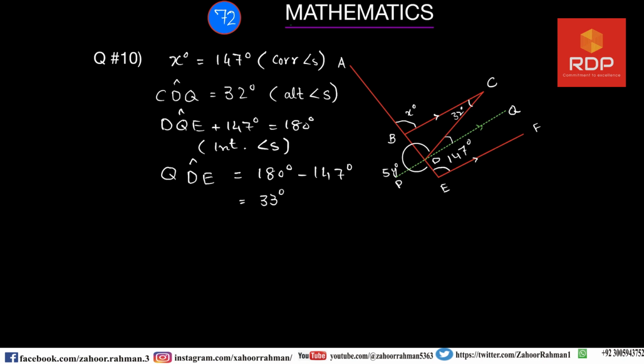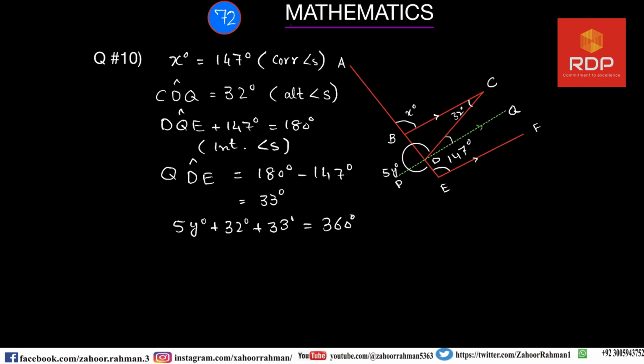So ladies and gentlemen, now we have to write, and you will ask me why I am writing this: 32 degree plus 33 degree, and that is equal to 360 degree.